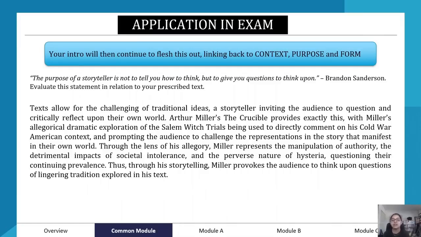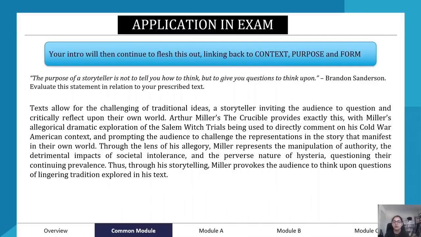And then linking that to what exactly that is doing. It's prompting his audiences to challenge the representations in the story that manifest in their own world. It's giving people questions to think upon so that they can challenge the structures and the representations that they see within their own society, within their own context.